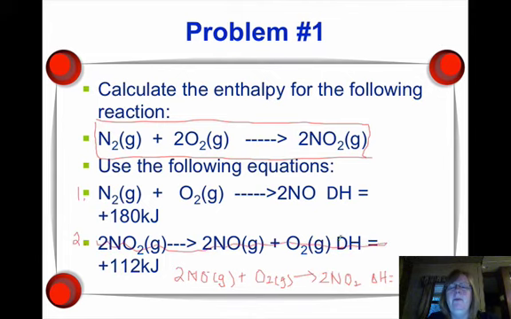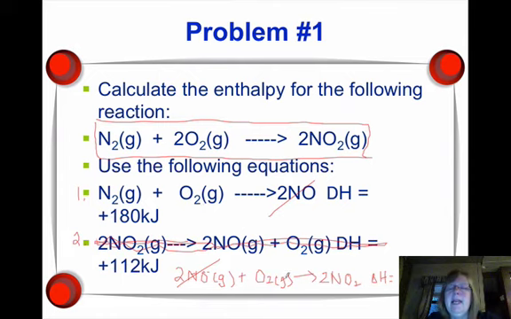I don't have a lot of room on this slide. Okay, so let's see. N2, great. NO, it's a reactant here, and we've got 2 of them, and it's a product here. So we can cross them out because they're on opposite sides of the arrow when we're adding these together. We have 2 O2s on the reactant side.